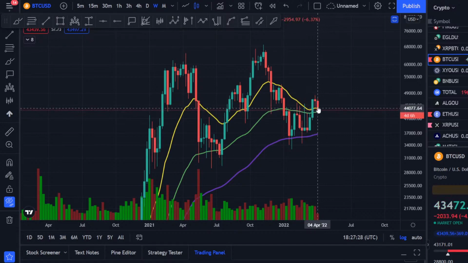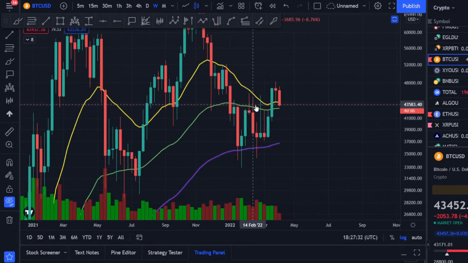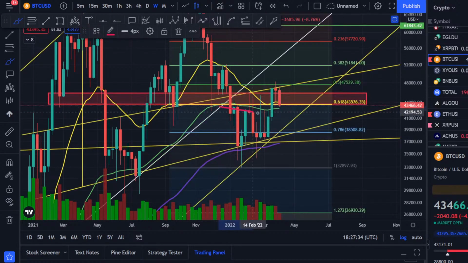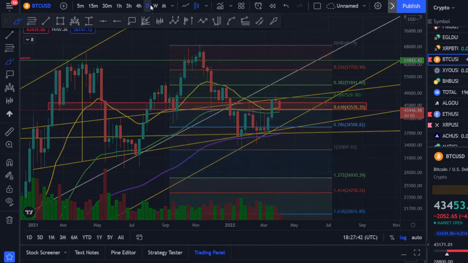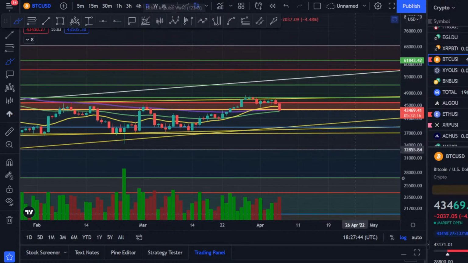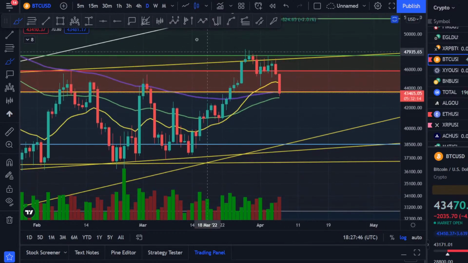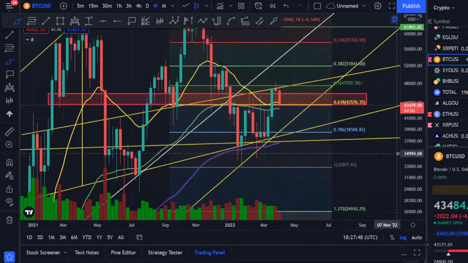If it can hold both these EMAs, because the 55 moving average is still, you can see, above these candles, okay? So even if it stays above and holds it for this week and end of today, okay, you can see they're all over here right now, that would be a great sign. Then we can start valuing towards the upside. If it breaks, we are going to see downside.